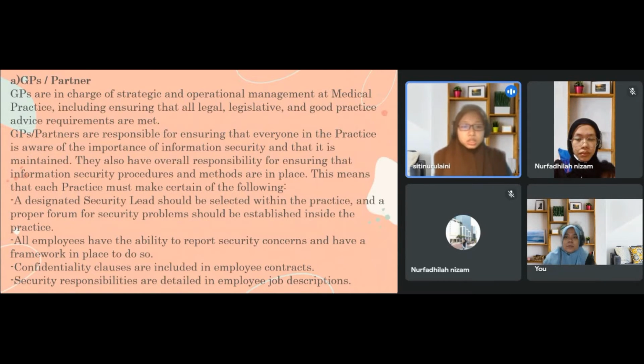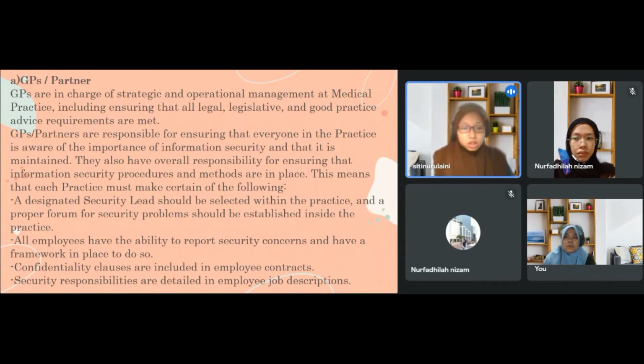GP or partners are responsible for ensuring that everyone in the practice is aware of the importance of information security and that it is maintained. They also have overall responsibility for ensuring the information security procedures and methods are in place.